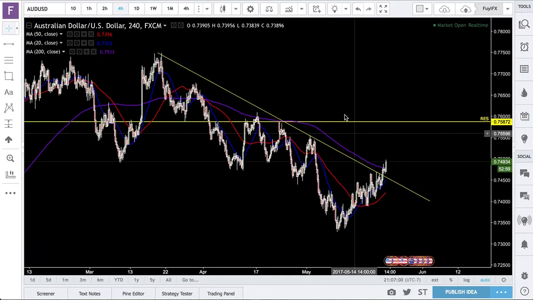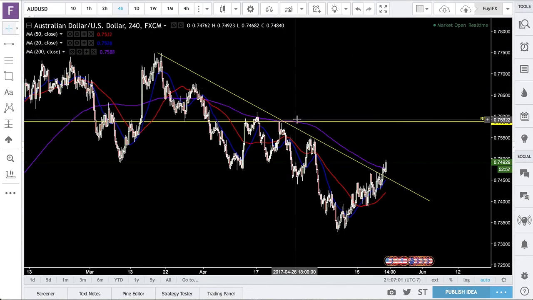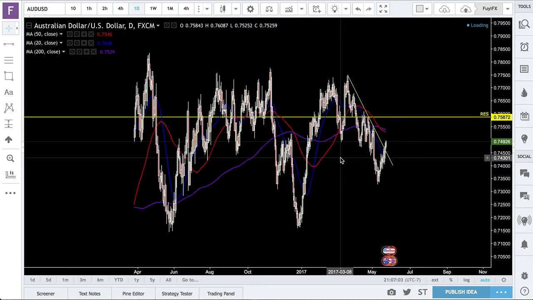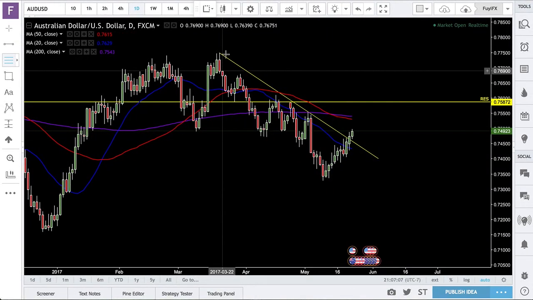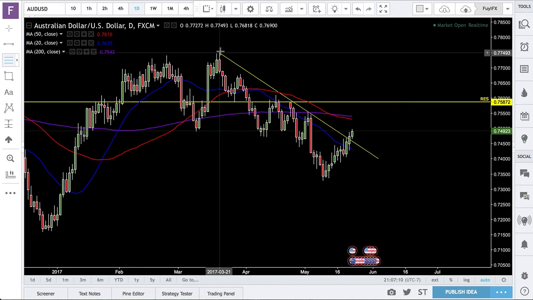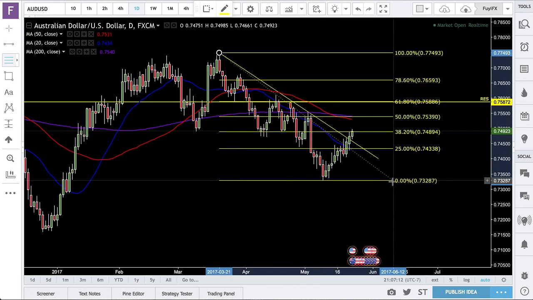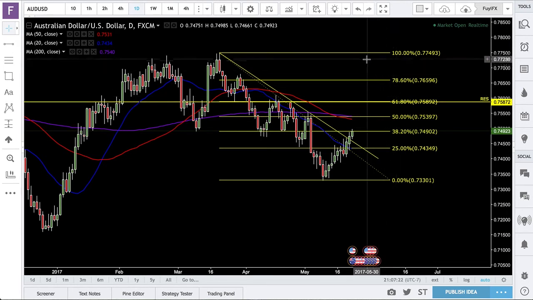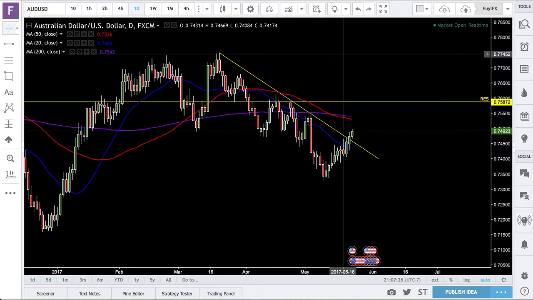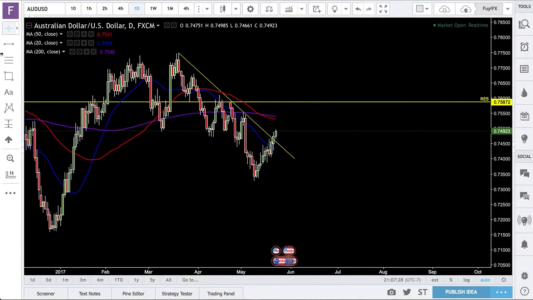If we get past that level, this thing could potentially, I don't want to get ahead of myself. I don't want to get way too ahead. So if we could break the 618 retrace here, who knows? This thing could actually retest this previous high that I will highlight here.